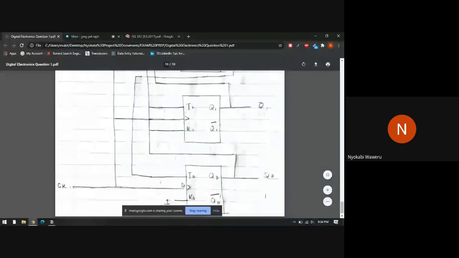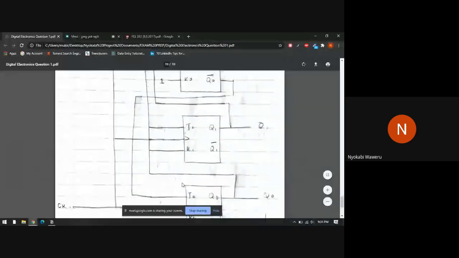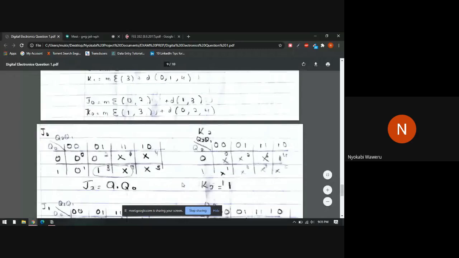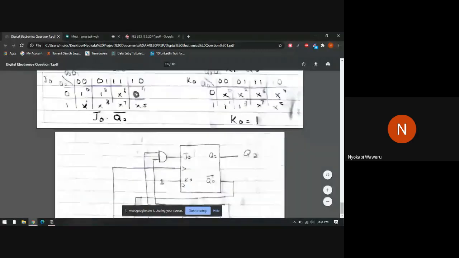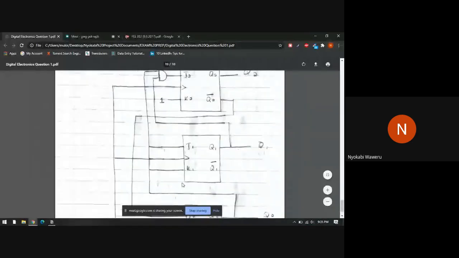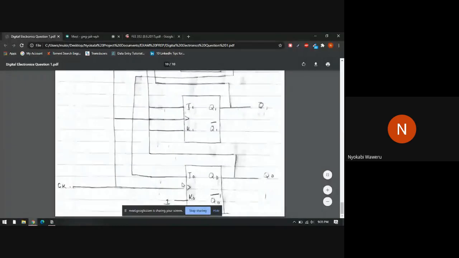So we have the 3 flip-flops, as you can see. Okay, it's hanging again. So we have the 3 flip-flops, as you can see.